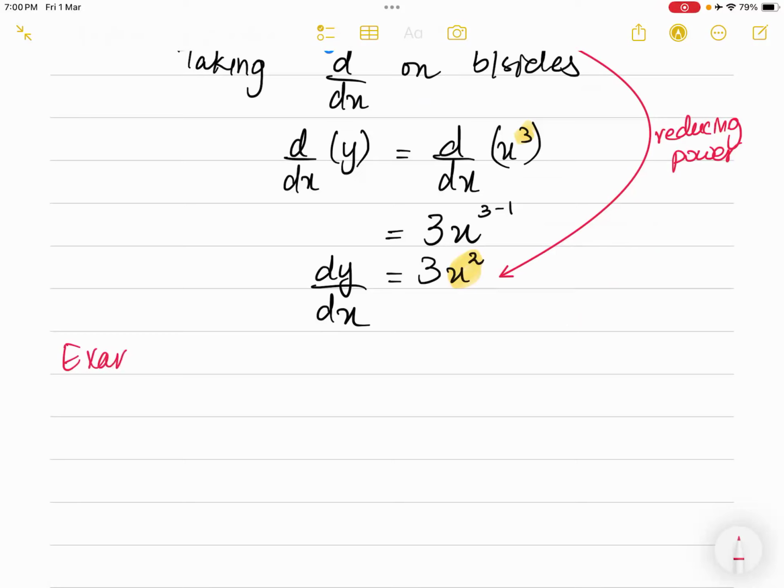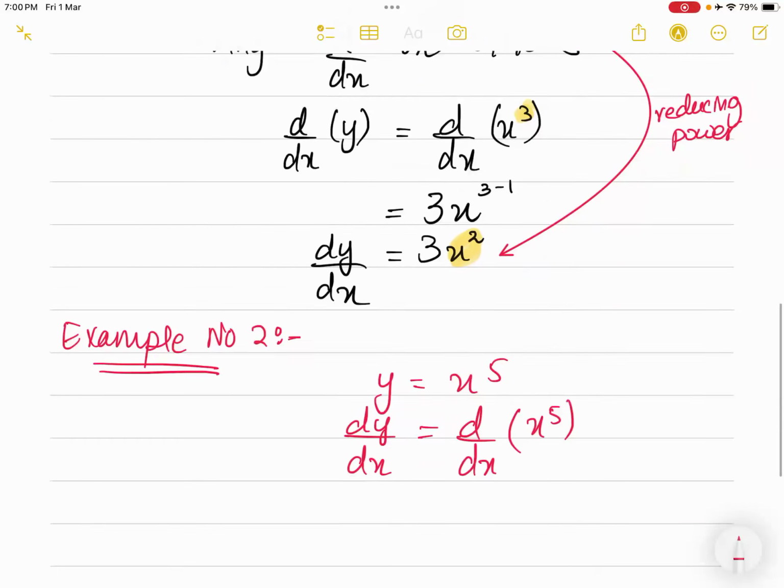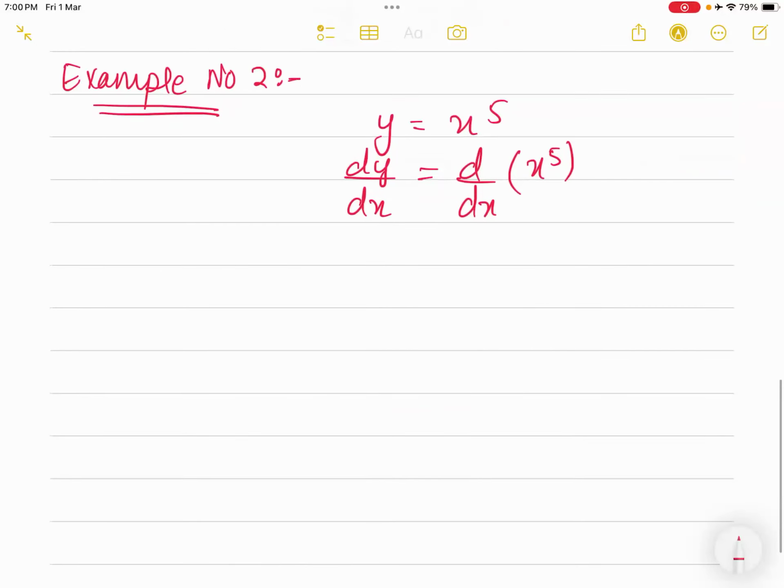Example number 2. Y is equal to x power 5. If I take the derivative of this, Arsh, what would be the derivative of x power 5? Would it be 5x to the power of 4? Well done. So the derivative of x power 5 would be 5x power 4.